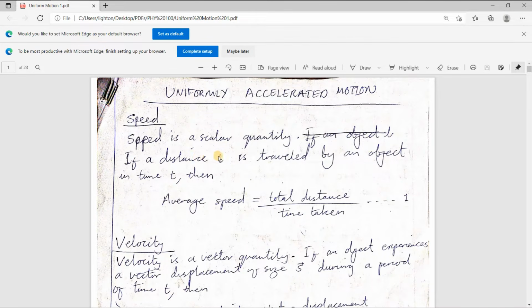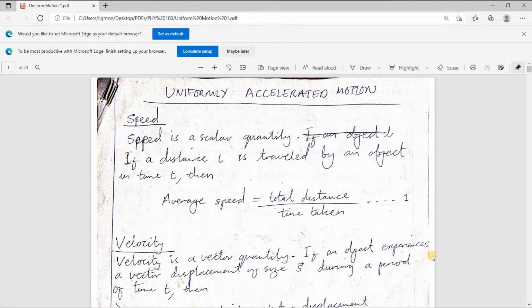So if a distance L is traveled by an object in time t, then average speed is equal to total distance over time taken. So that is our equation 1, and this is something which most of you know. Average speed is just distance over time taken.